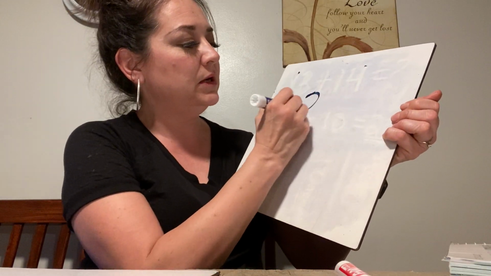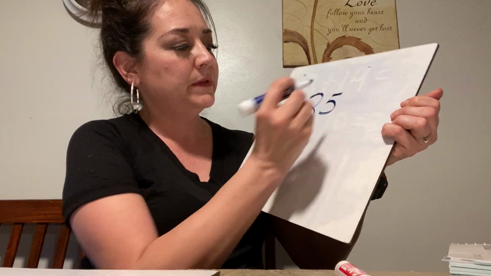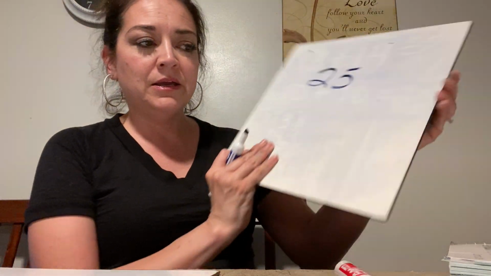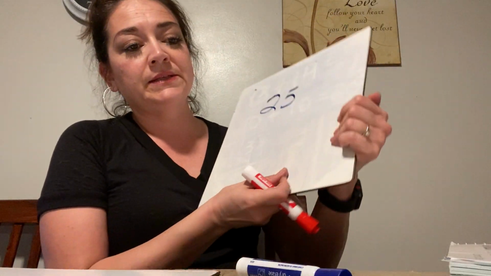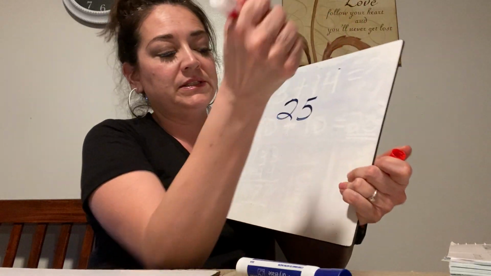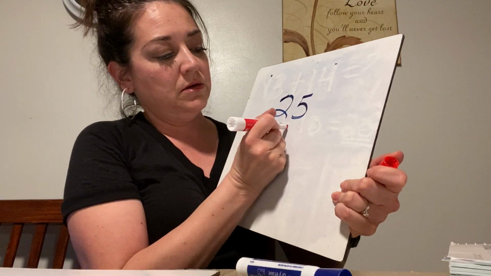So let's take a number, for instance. We're going to round to the nearest tens place. Okay? So if I have the number 25, the way that I am going to figure out how I can round that number either up or down is I look at the target place value, okay?